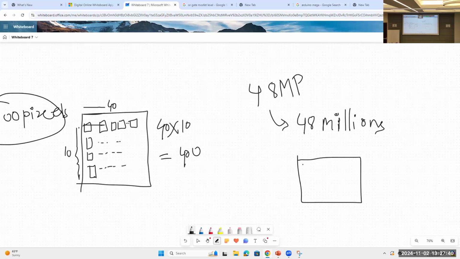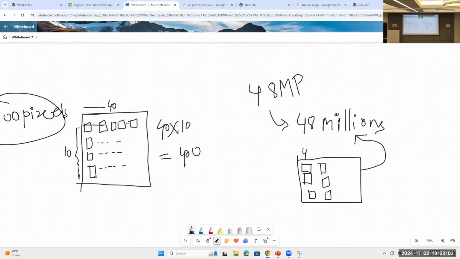Suppose there is an array with some number of rows and some number of columns. If you multiply those numbers of columns and rows, you will get 48 million.